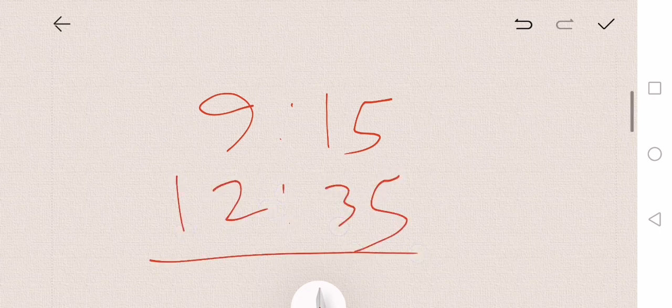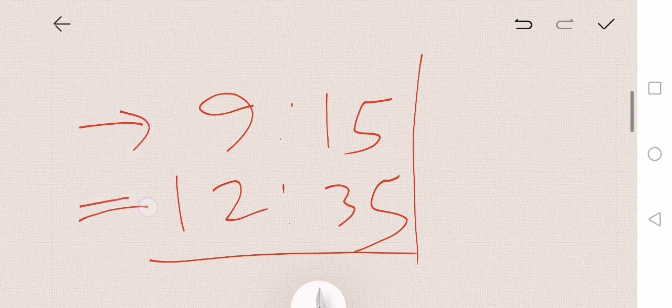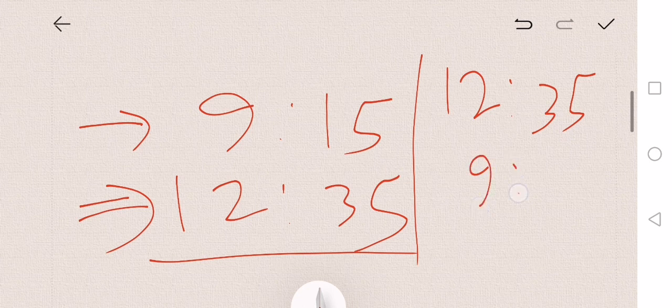So how long did it take? Remember, all the time the higher clock needs to be at the top. 12 is already higher, so even if someone says you're starting the journey at 9:15 and reaching at 12:35, the 12:35 will automatically be at the top, and then 9:15.